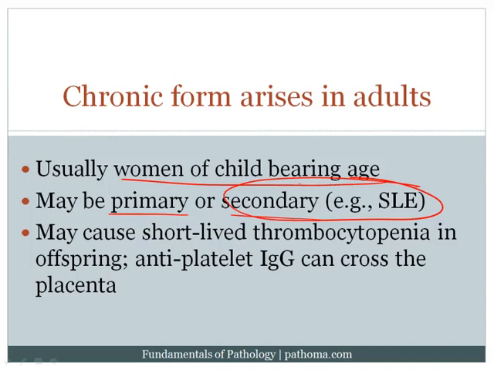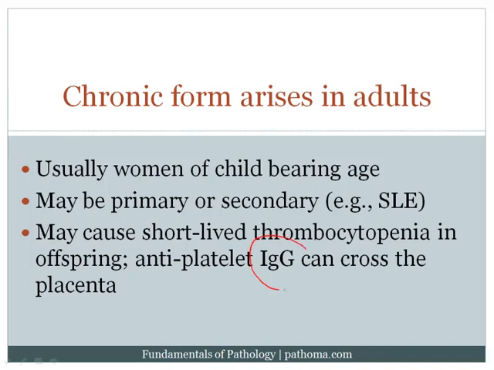Now again, remember that patients who have the chronic form are going to have this disease for a long period of time, and that's why it's called the chronic form. And so it would not be uncommon for these patients to have the disease and eventually become pregnant, just as part of their normal life. When they become pregnant, it's important to note that because this is an IgG-mediated disease, the IgG can cross the placenta, and that can result in thrombocytopenia in the offspring.